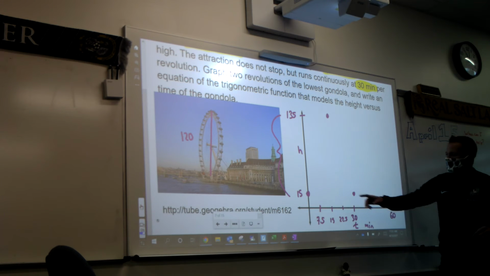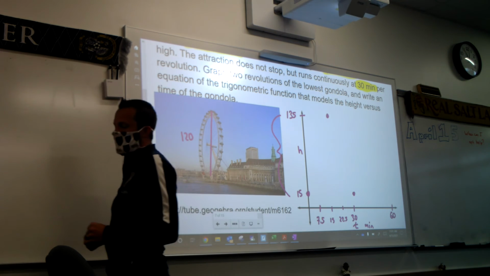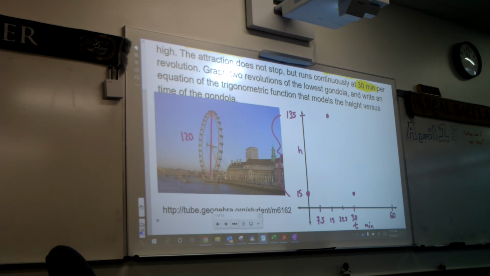How do you find halfway between 15 and 135? That's what you're thinking about, okay? Take the average.